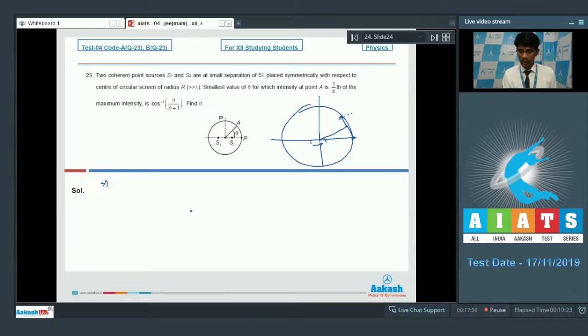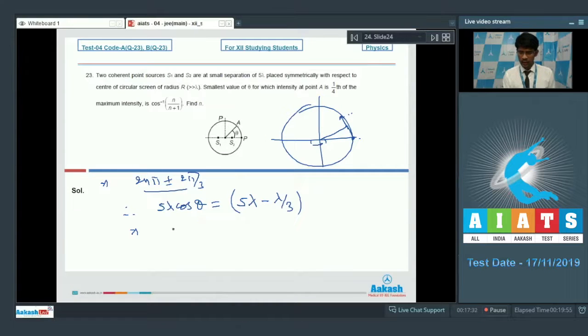So for the intensity to be 1/4 of the maximum, the phase difference there would be 2n pi plus minus 2 pi by 3. So along the direction, since phase is decreasing, here it is 10 pi, so I would say the path difference would be decreasing, or 5 lambda cos theta actually is the path difference. It must be equal to 5 lambda here, and decreasing along the direction it would be lambda by 3.